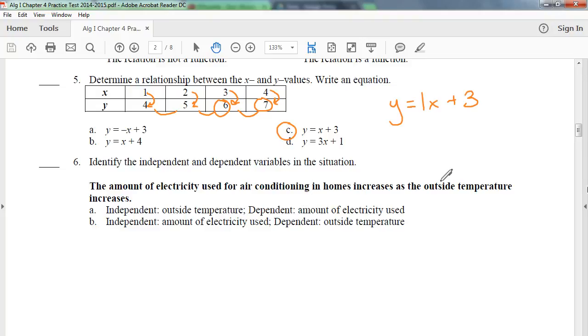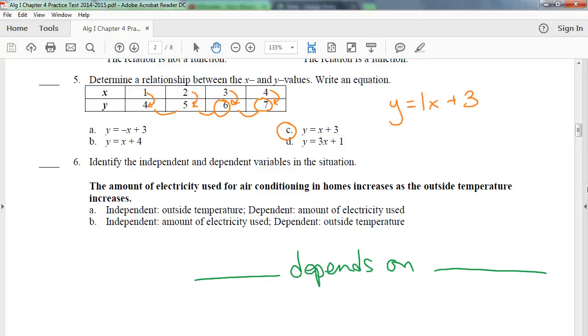Number 6, identify the independent and dependent variables in the situation. So we have to decide which one depends on the other. It says the amount of electricity used for air conditioning in homes increases as the outside temperature increases. So which one of these is driving the other and which one depends on the other?